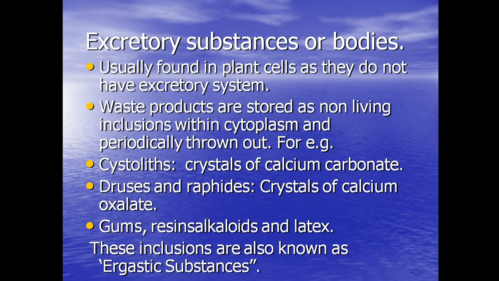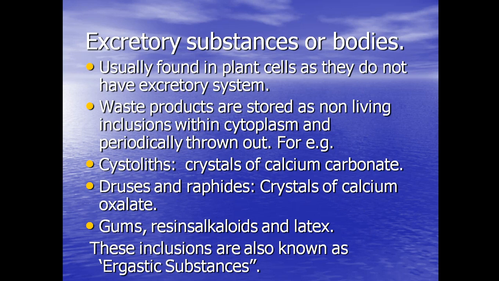Cell metabolism results in the production of a lot of waste products, and those waste products are to be sent out periodically, otherwise they may become toxic. For this also, they have a special mechanism, especially in the plants. There are different types of excretory substance or bodies.